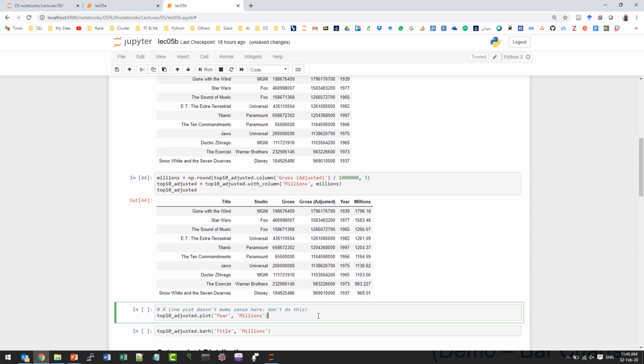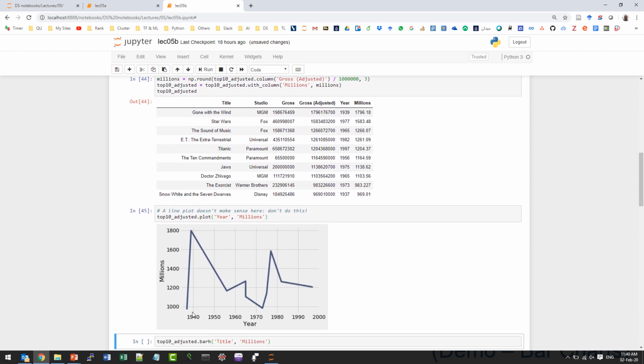Let's see if we just plotted the relation between the year and the millions, which is the income for that movie, as a line plot. We'll get something like this. So that's the year of the movie, and that's the income. Does that make any sense?